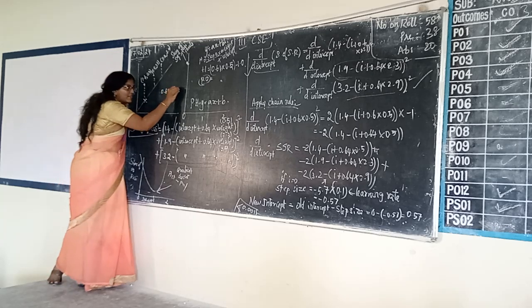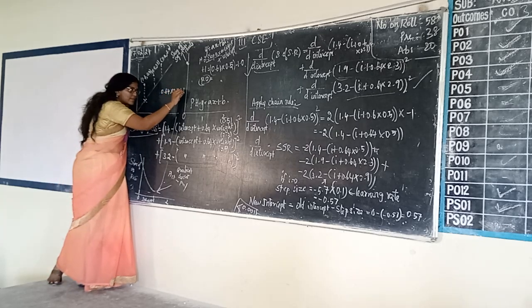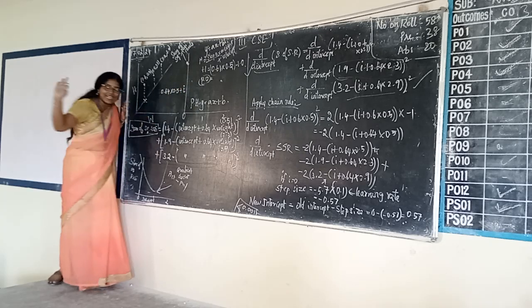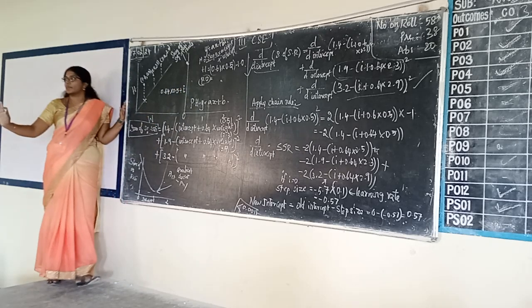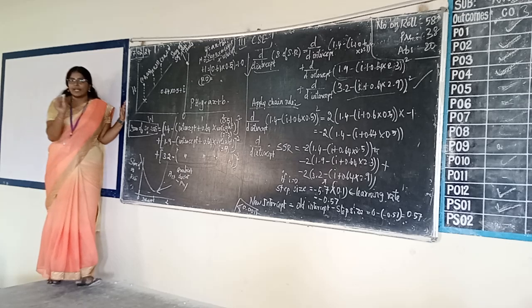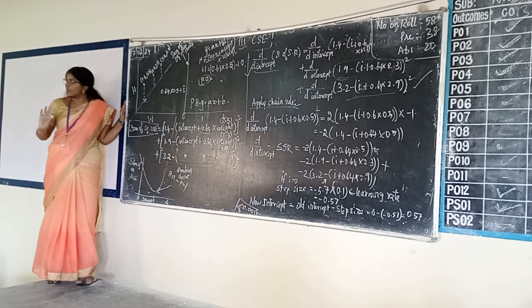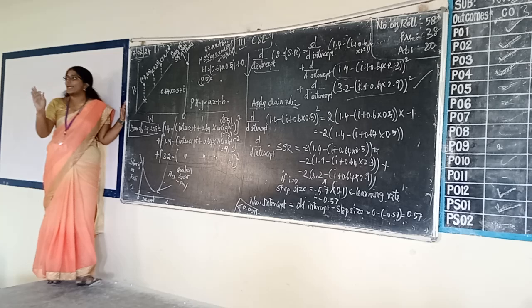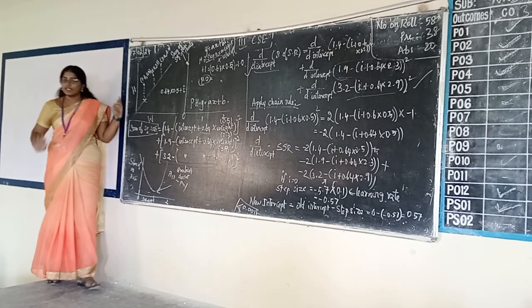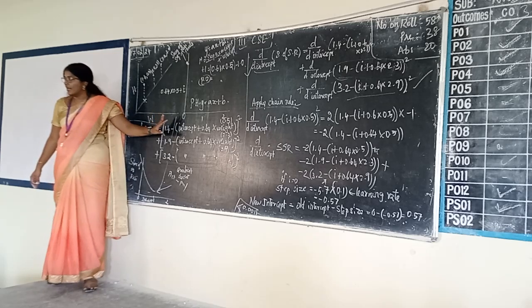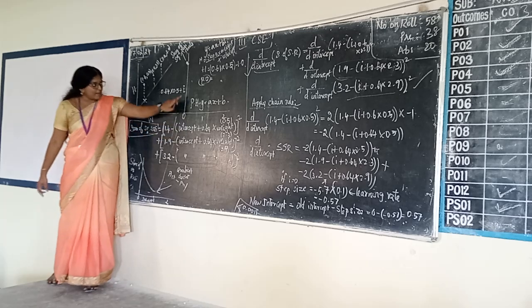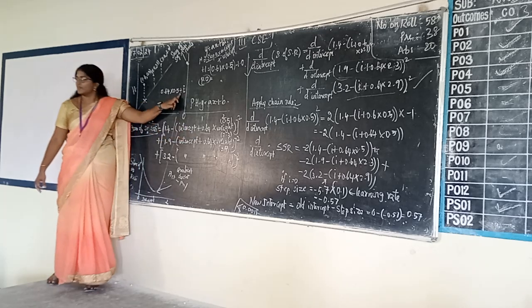Plus the intercept value, we are first taking as i itself. We are using the variable intercept, or small i. Later we will apply a value for the intercept. Until this clear?